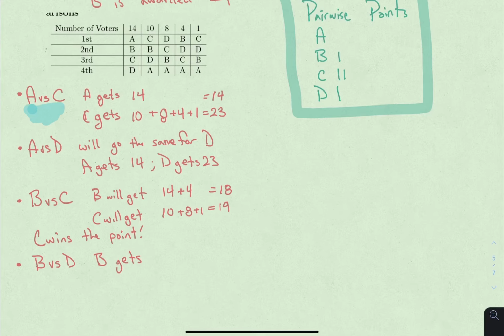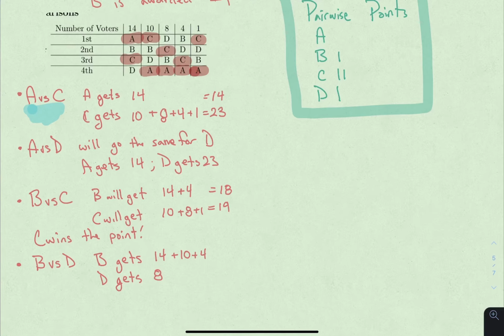So if we're just comparing B and D, that means A and C are out. B will get the 14 and 10 more from the second column. D gets 8 from the third column. B's going to win this, right?